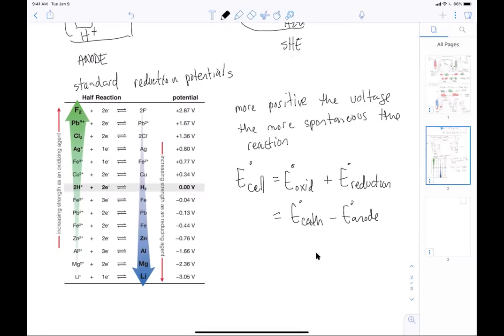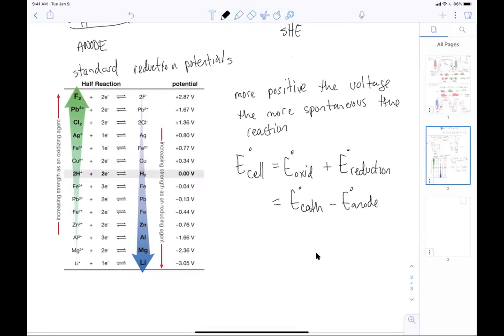But let me try and find one that matches electron-wise. Let's say I have iron and copper. So I want to take copper plus 2, and I want to have that going to copper 0.